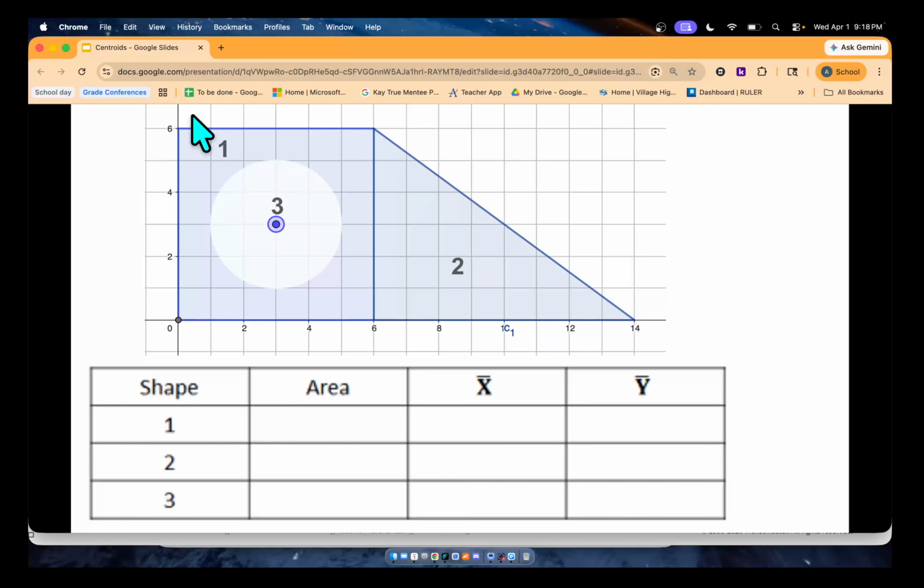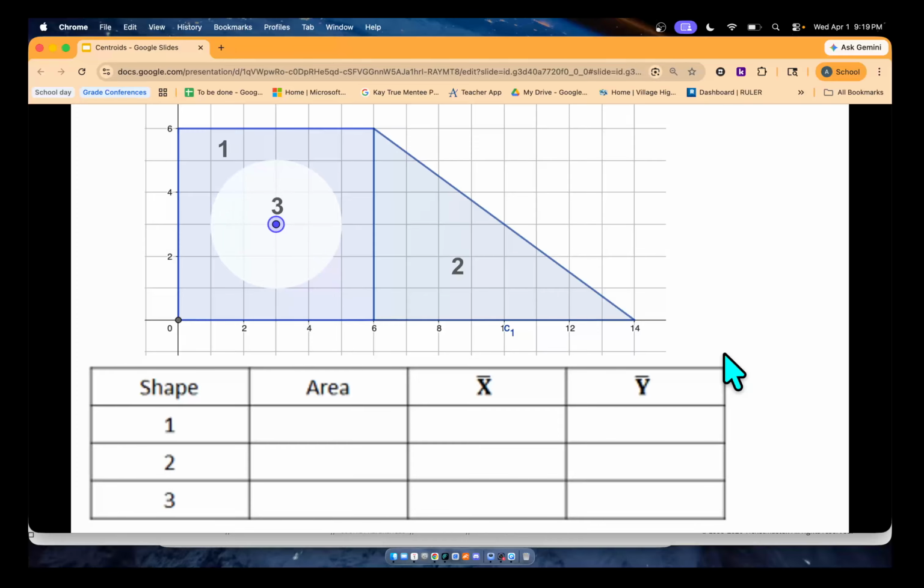So we got the shape. It is a complex shape that we're breaking down into a square, a triangle, and a hole. With a hole, you're taking away any measurements and mass, so you want that to be a negative number.